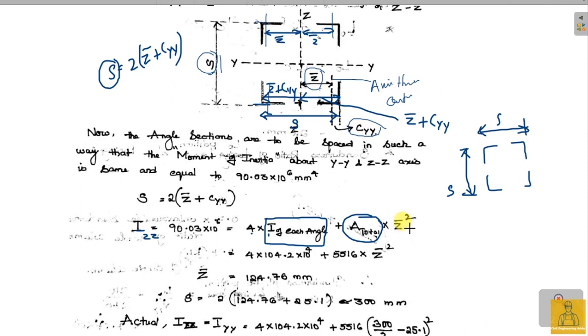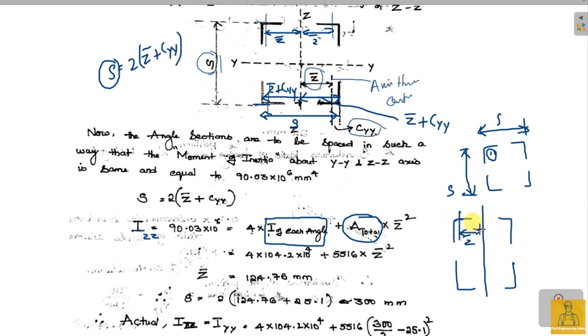Of course, you can find this in a different way also if you are confused with this. Let me show you. Let us find the moment of inertia of this first angle section. It is at a distance of Z bar.